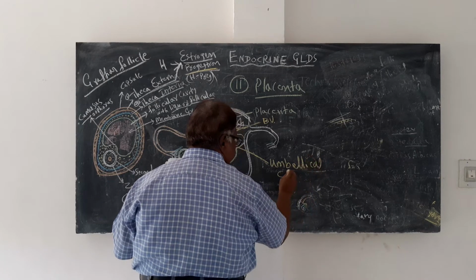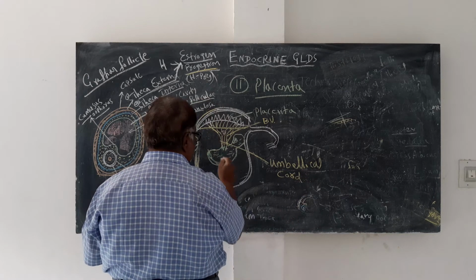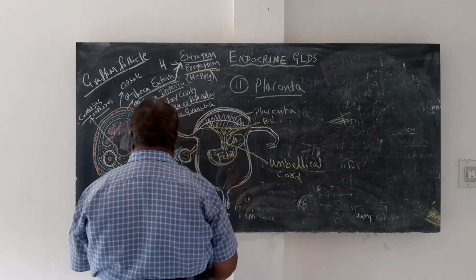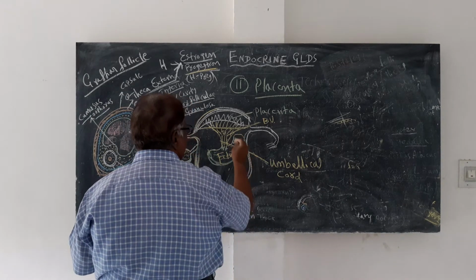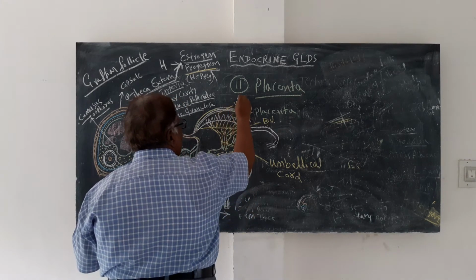Umbilical cord. This is the fetus, and this is the uterus wall.